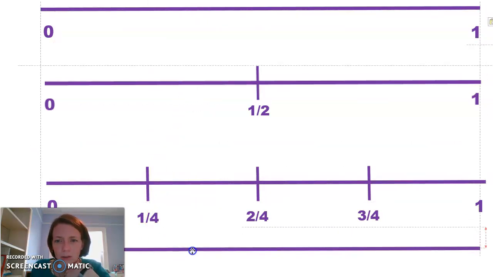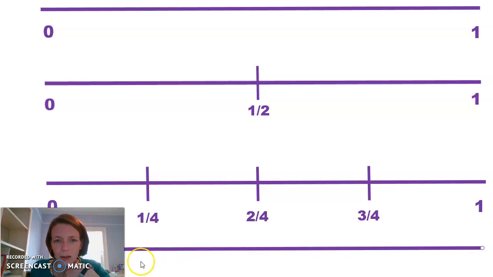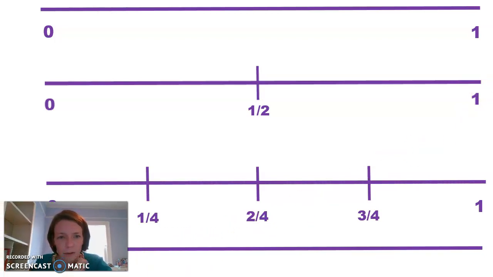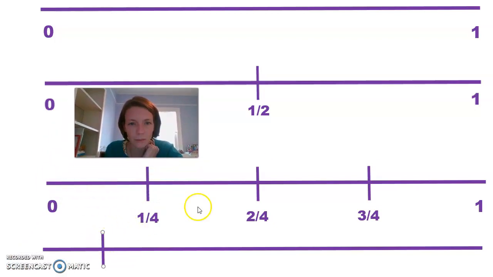I'm going to challenge you guys. Here's my line. What if I cut this line into halves? Where would those halves be? Well, one of them would be kind of here, in between 0 and 1/4. Let me move my face. Here you can see it better. And one of them might be here, between 1/4 and 2/4.